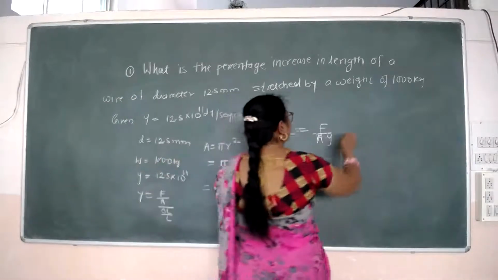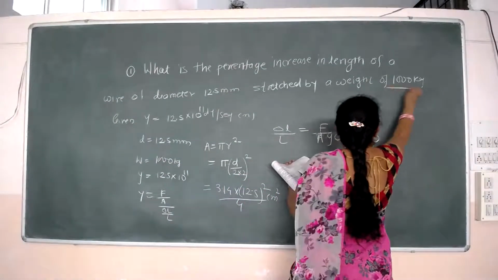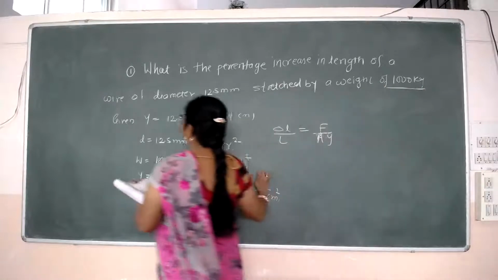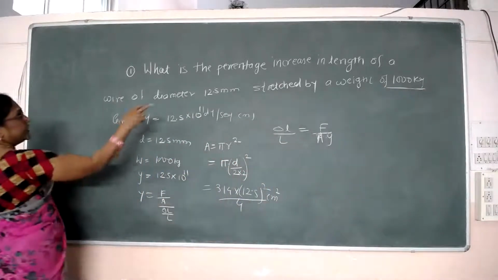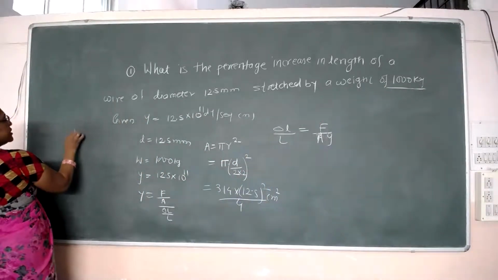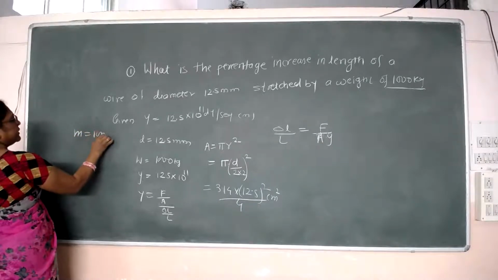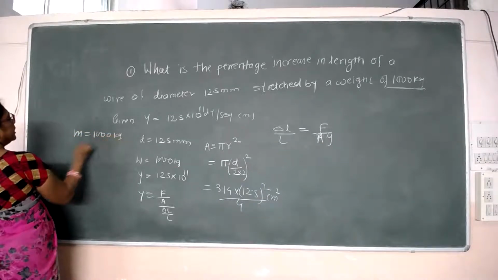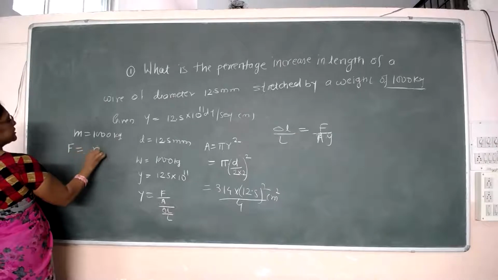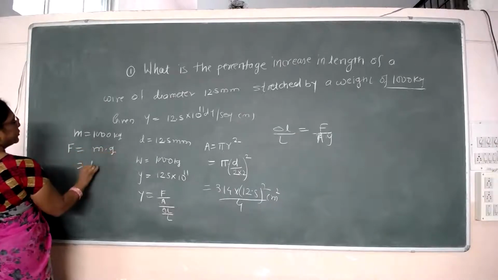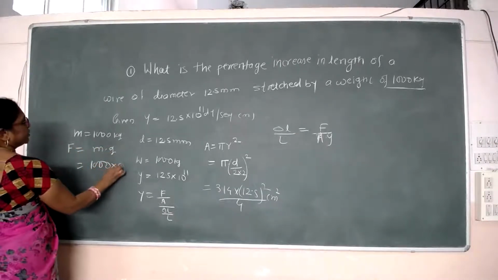F is given here: the value of mass is given as 1000 kg. Then to find F, F is equal to m into g. Therefore, 1000 into 9.8.